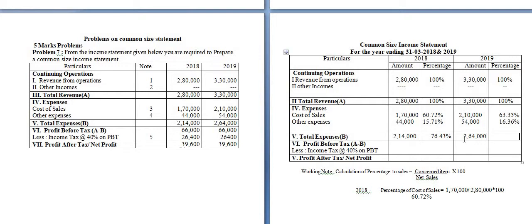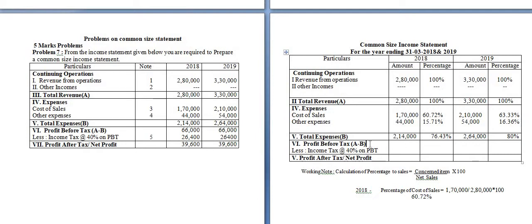Now find out the percentage. 2,64,000 divided by 3,30,000 into 100 is equal to 80%. Okay. Next one is find out the profit before tax.